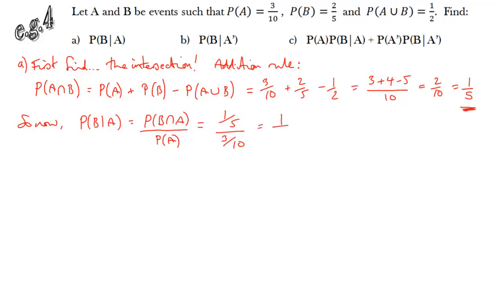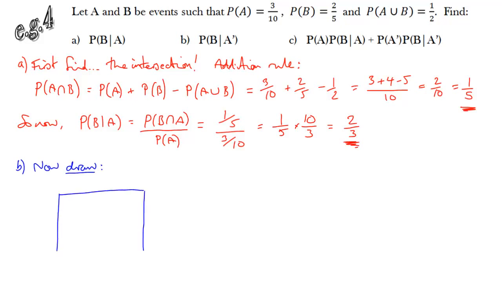That's quite easy to simplify down to 2/3. So that's part A. Now I could have done that via the Venn diagram, I could have done a Venn diagram before now. I chose not to, but I'm going to use it for part B and possibly part C.